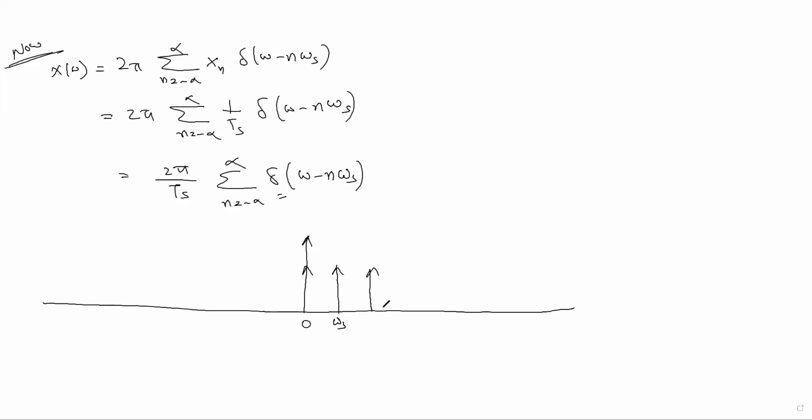This is the sum of the impulse signal: twice omega s, thrice omega s, minus omega s, minus twice omega s, minus thrice omega s. It goes from minus infinity to infinity.